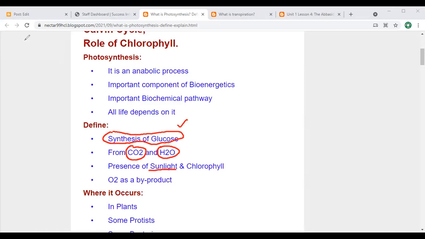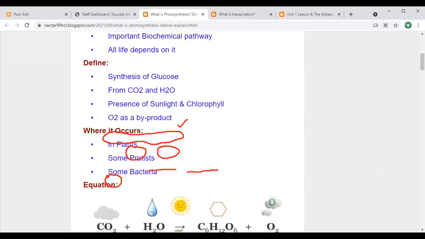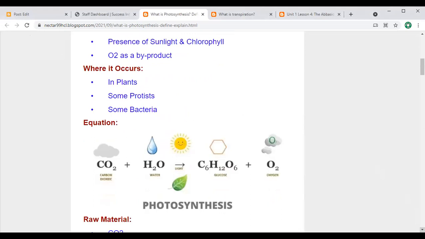Now, the very important point to know is from where and how this reaction goes on. It occurs in plants, some protists and some bacteria. The chemical reaction is here, going on during this process. We have here an equation to understand this in detail.